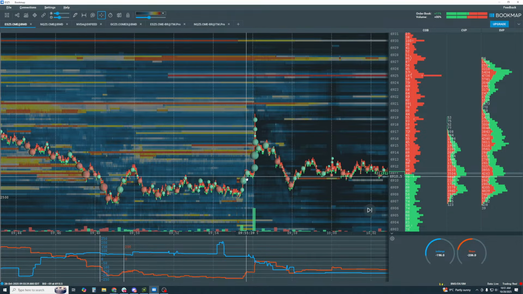Is that right? No, you said 15. So 15 and a half up in here. There was big buy delta. Would I say using that location as a reference was good?